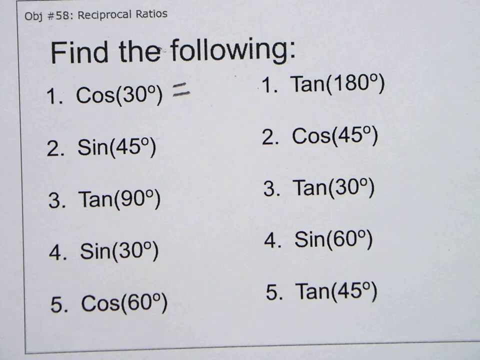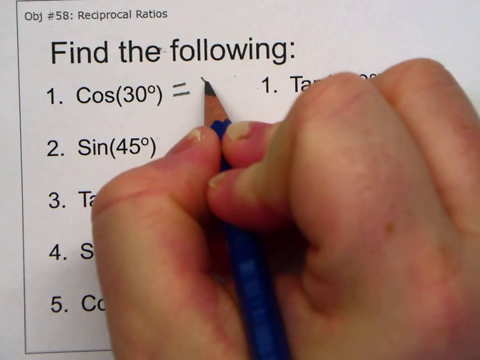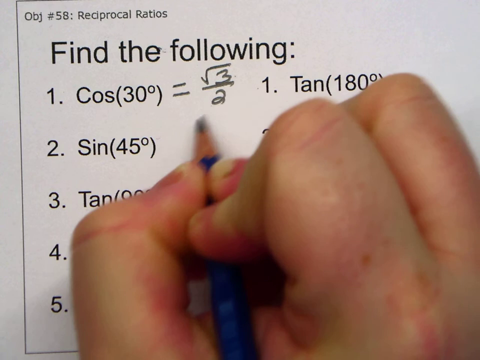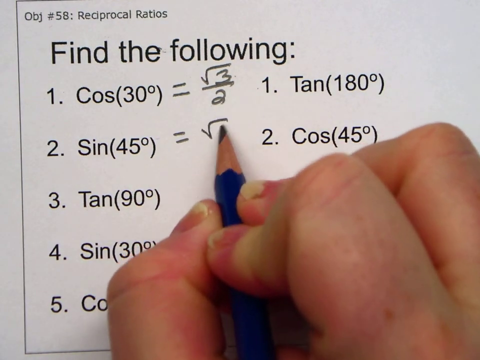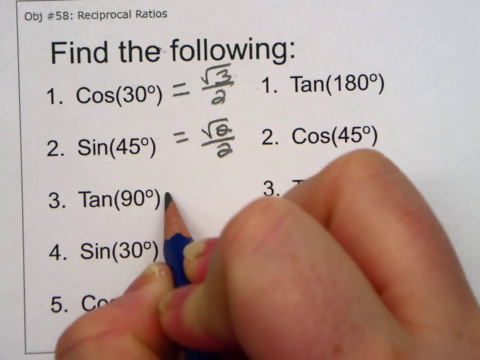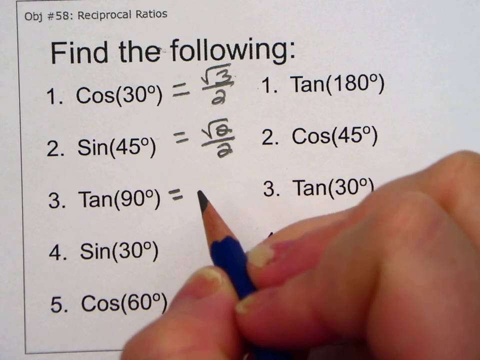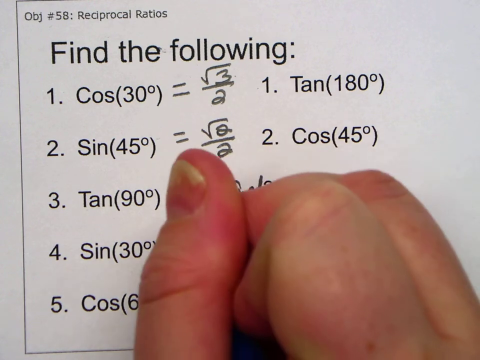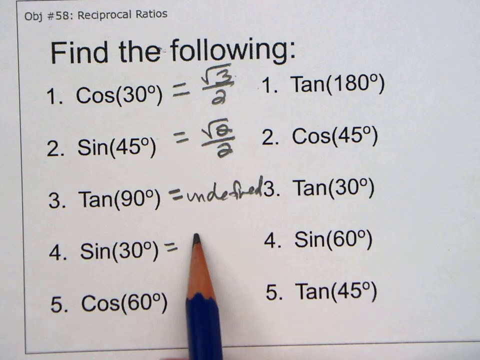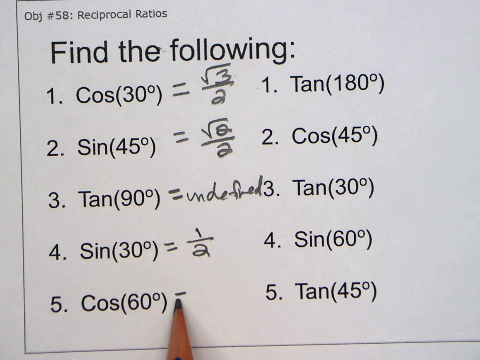All right, cosine of 30 is your radical 3 over 2. Sine of 45, radical 2 over 2. Tan of 90 is undefined. Sine of 30 is a half. Cosine of 60 is a half.